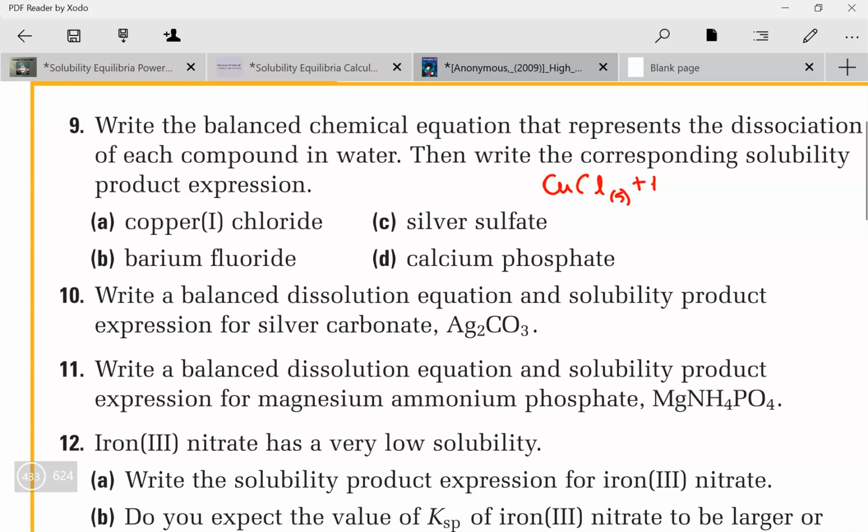Solid plus water gives Cu plus Cl minus. So the KSP expression is Cu plus times Cl minus. That's it. No solid because we don't consider solids. These two we know are aqueous.